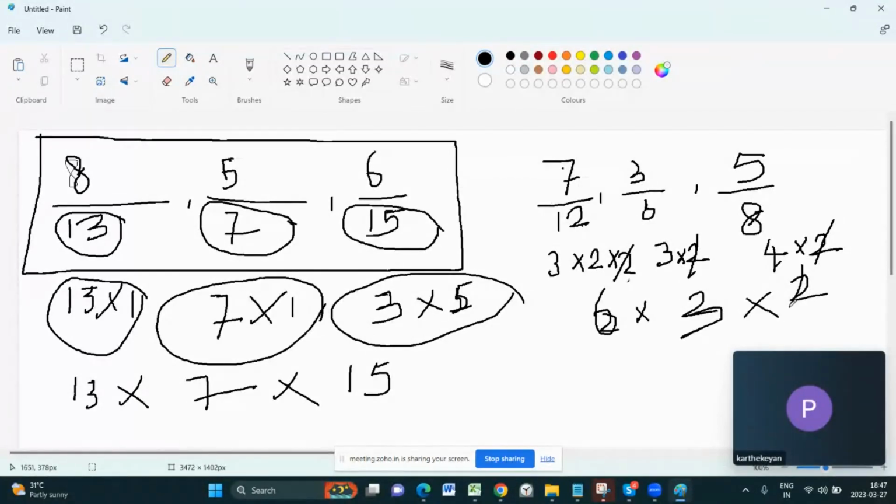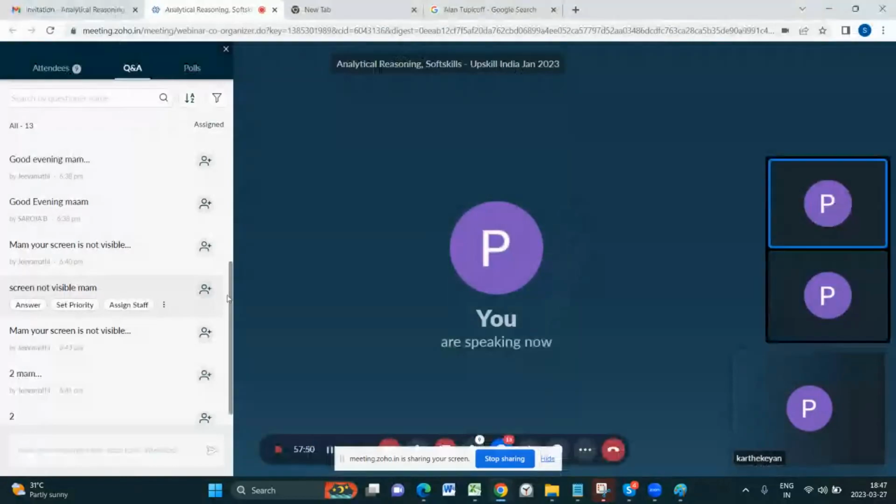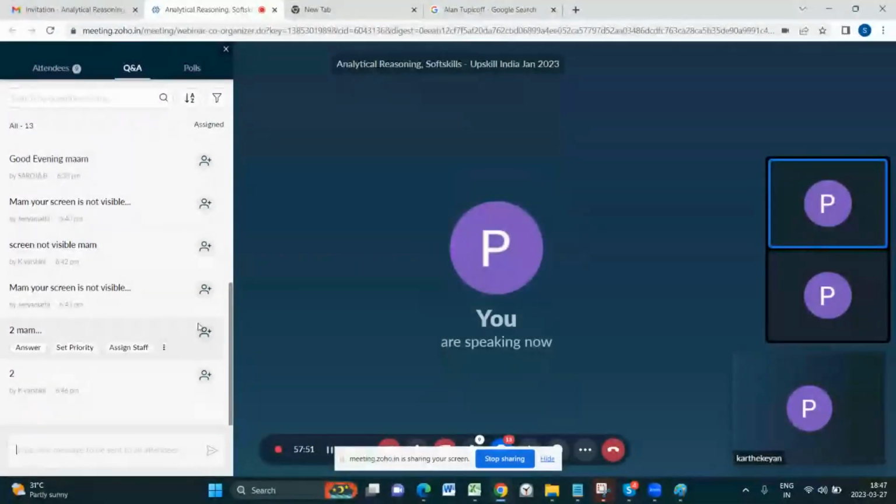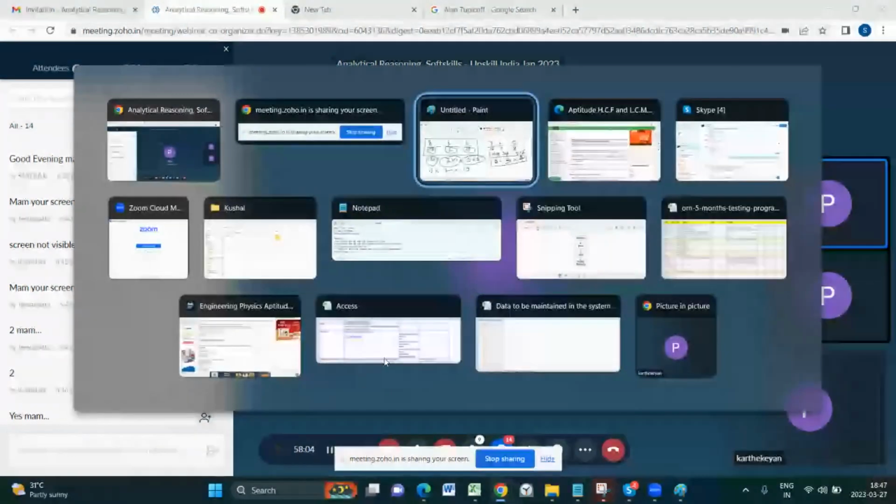I will only take the rest of the things, and you can now call this the highest common factor. Agreed? Understood? Did you get that? Okay, very good. Excellent. So now we will go back to our topic.